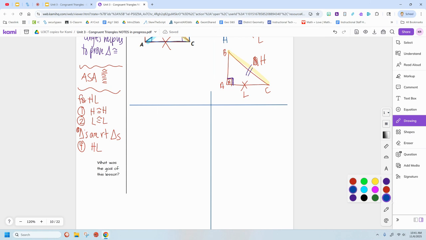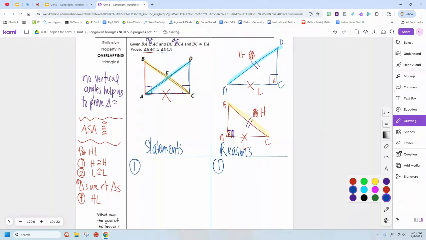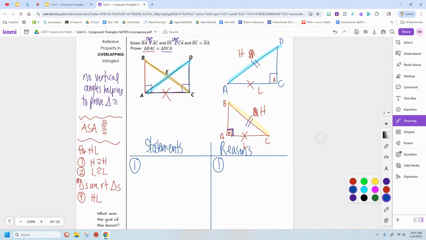And you're going to put statements and reasons. And I'm going to write down the information they gave me in the picture, or gave me, I'm sorry, in the given. So it's perpendicular, perpendicular, congruent.